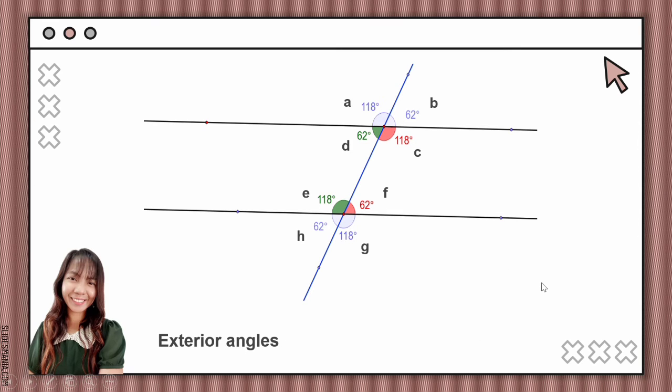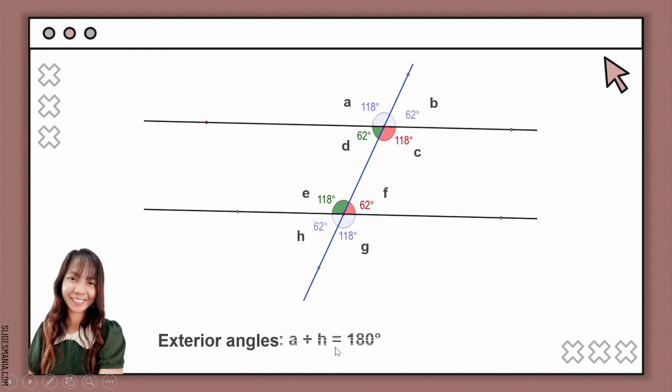Next, exterior angles. If the interior angles are the angles that are inside the parallel lines, the exterior is the opposite. You can find them outside the parallel lines.